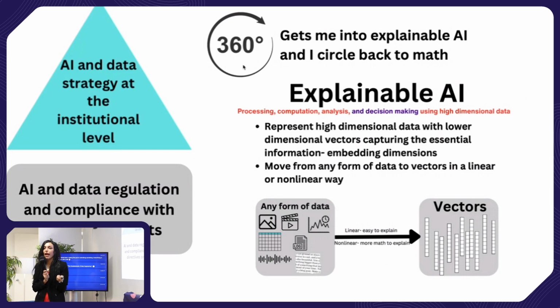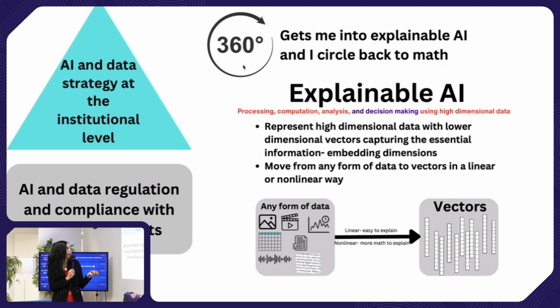So in that sense, we have to document everything. We also have to make our AI explainable. And then we have to think, what does explainable mean? In order to implement this strategy and make it compliant with regulation and auditable, like yesterday with Benoit, we have to know what explainable AI means, and that brings me back to math.